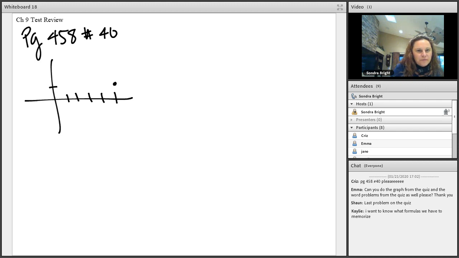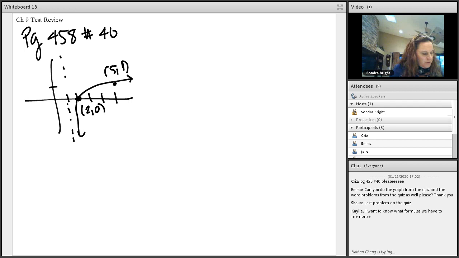All right, so it's going through that, and it's got an asymptote going through this. And it wants you to come up with the equation. So it's going through the point (5, 1), and going through the point (2, 0). And it has an asymptote going through x equals 1.